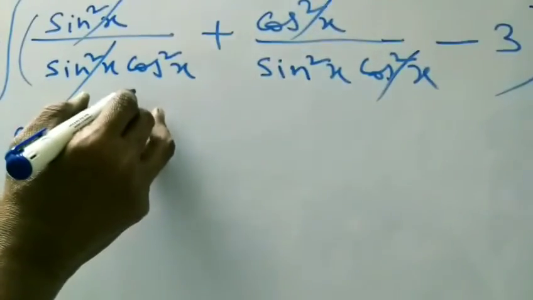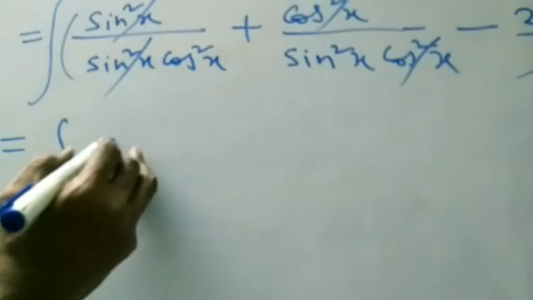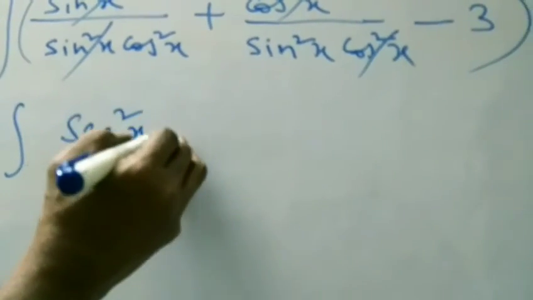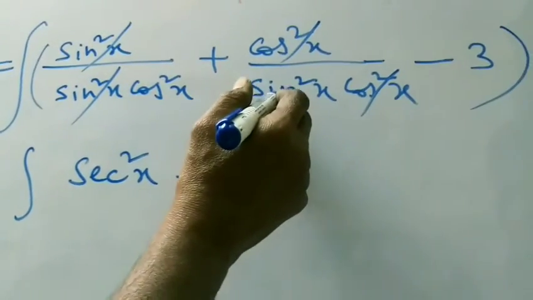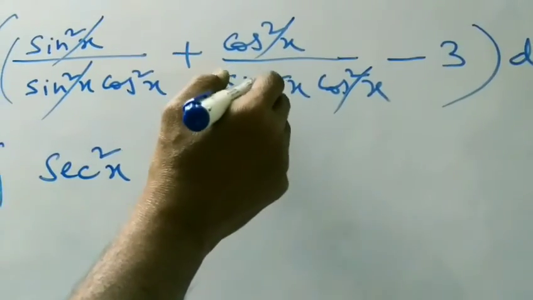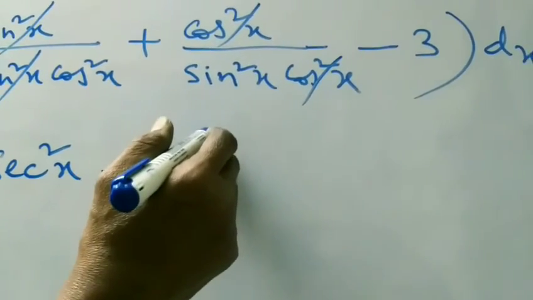1 by cos square x is the reciprocal identity, secant square x. So 1 by cos square x is equal to secant square x, plus the cos square x terms in numerator and denominator are cancelled. The remaining term is 1 by sin square x, which is cosec square x.